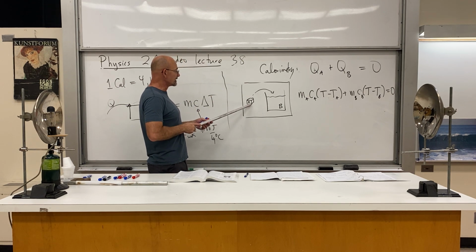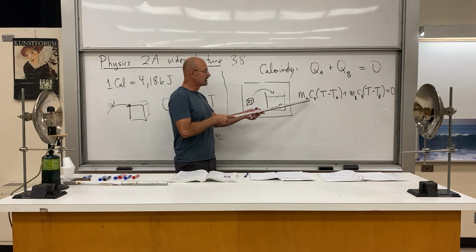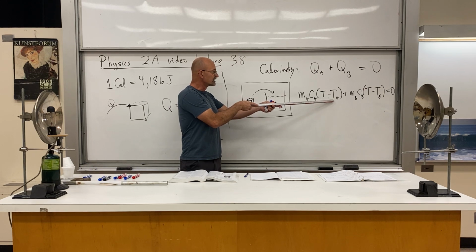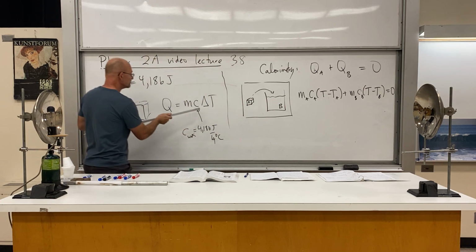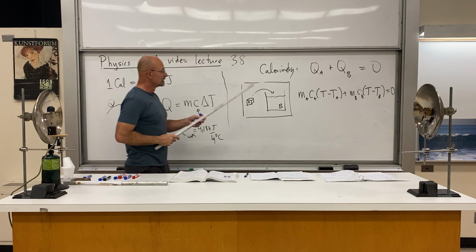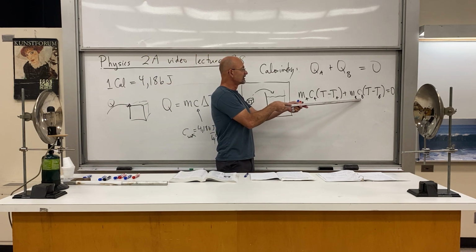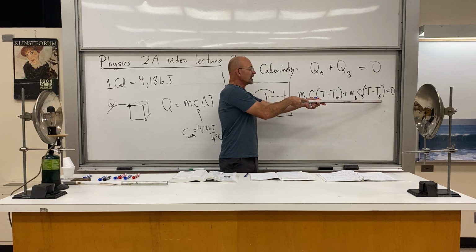So this would be the mass of the copper, its specific heat that you look up, final temperature minus initial temperature. That's our delta T, final minus initial. And then for the water, mass of the water, specific heat of the water, final temperature minus initial temperature.